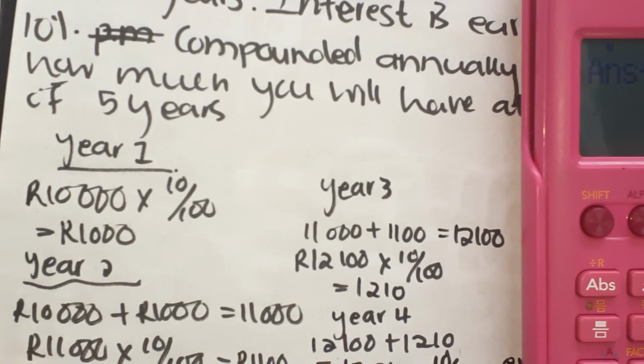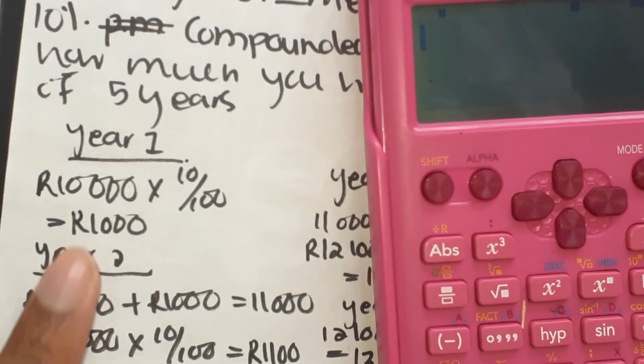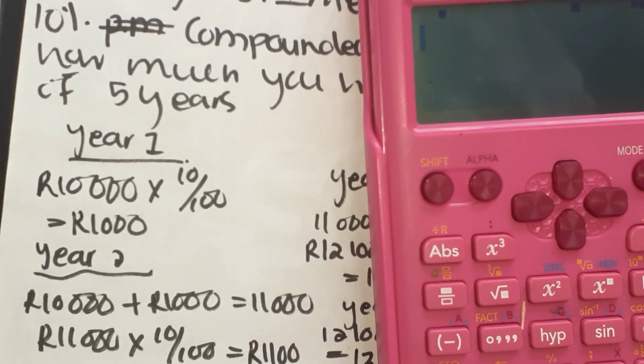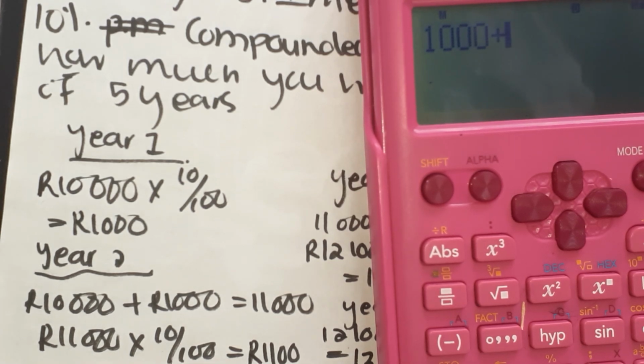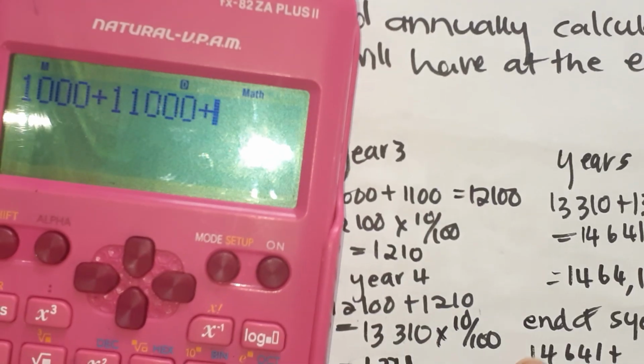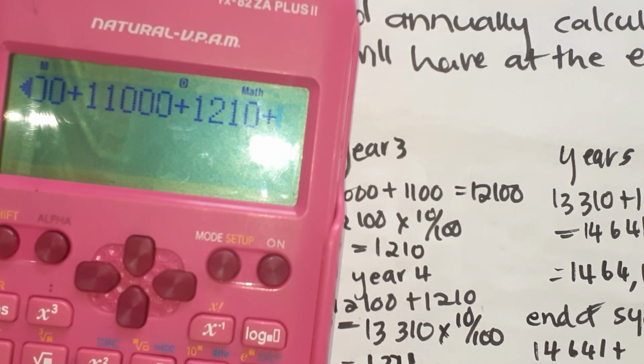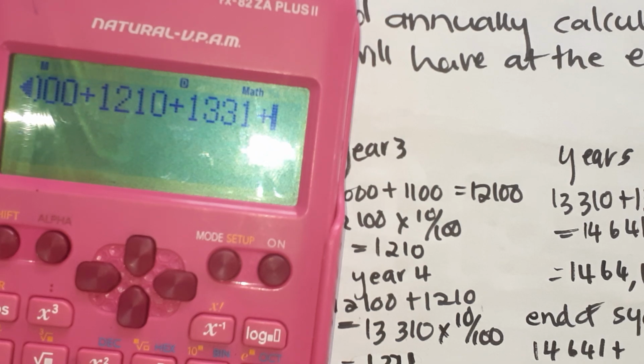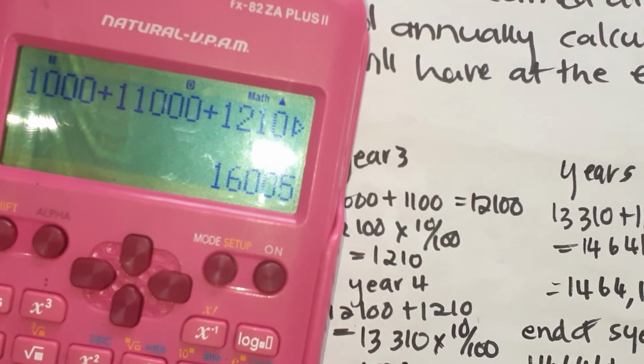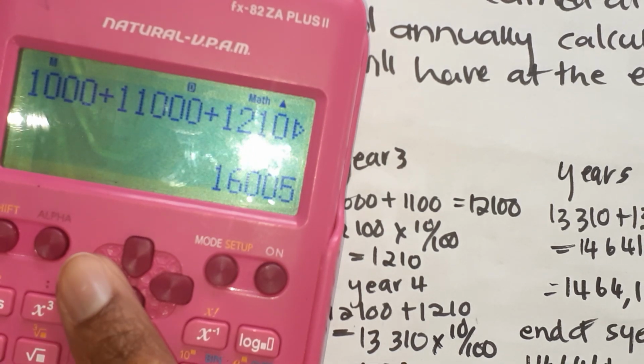But the interest that we have earned, we're going to start with the interest of the first year. We got 1,000 interest the first year. Second year, we had 1,100 interest. The third year, we got 1,210. The fourth year, we got 1,331. The fifth year, we got 1,464.